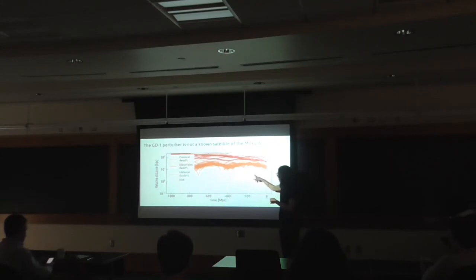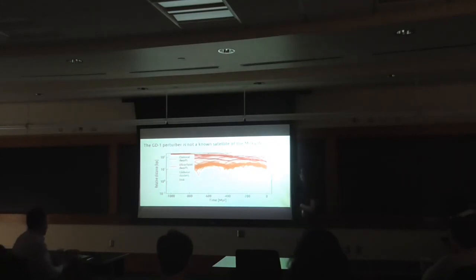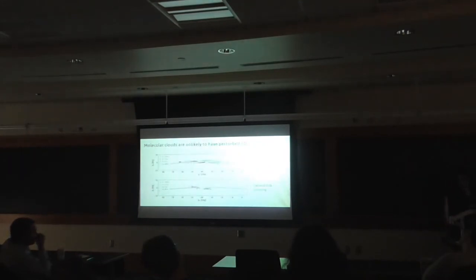The disk crossings that are in there happen on similar timescales to what we derived for the time of the encounter. So we wanted to check whether it could have been something else, because it has been suggested that giant molecular clouds could also cause such features.